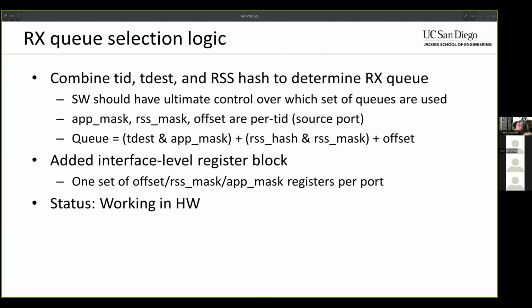So there's 3 parameters that are specified on a per port basis: application mask, RSS mask, and offset. And then they are combined together using the masks to determine which parts of TDEST and RSS hash are used. And then all this is added together with the offset to determine the destination queue.